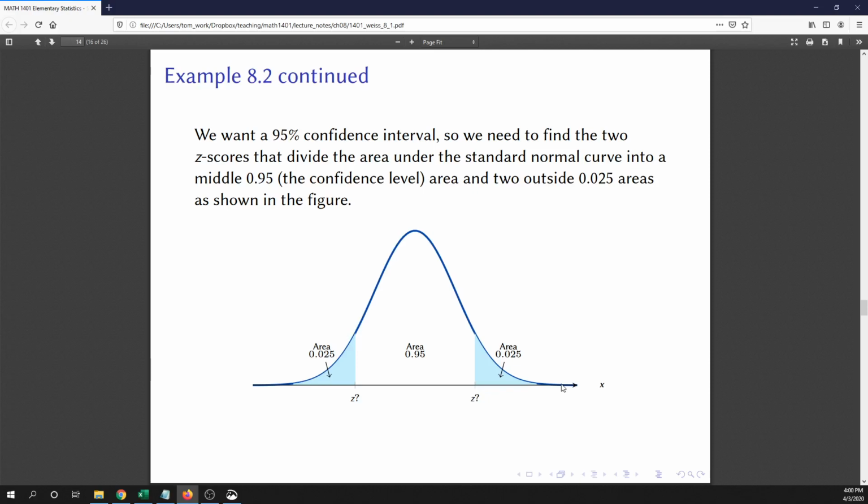Now the next thing is we would consider the confidence level.